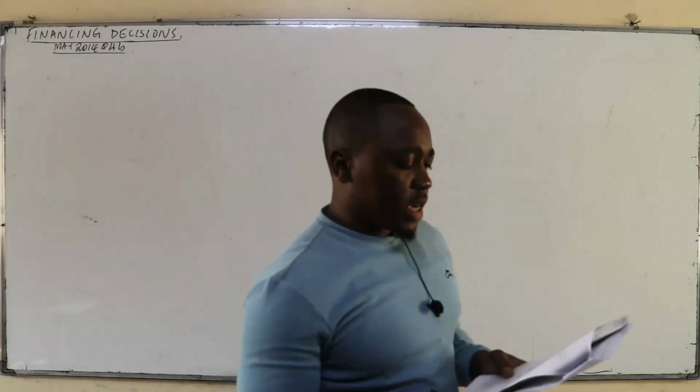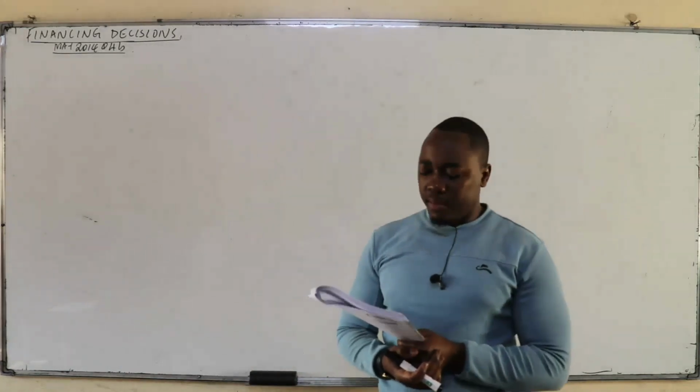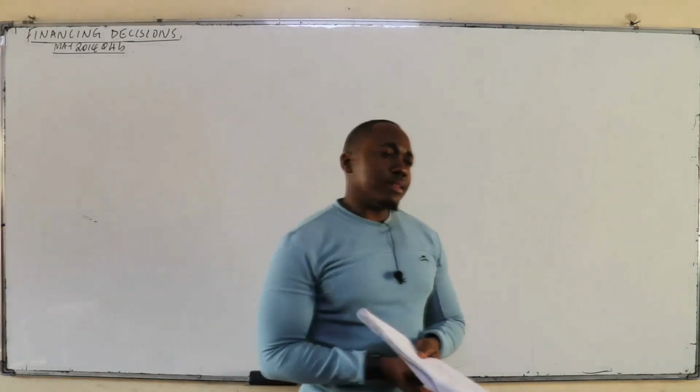So we have the ordinary share capital, we have the preference share capital, we have the debentures. So automatically this is WACC.